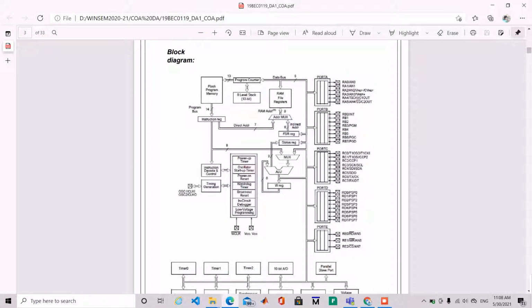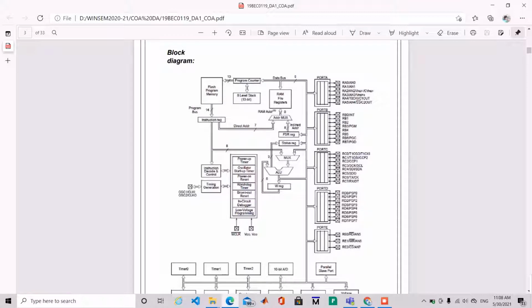And this is the block diagram of the PIC16F877A, and it contains flash program memory, program counter, 8-level stack which is 13-bit, and RAM file registers, adder, mux, instruction register, instruction decode and controller, timing generation, and the power-up timer, oscillator start-up timer, power-on reset, watchdog timer, brown-out reset, in-circuit debugger, low voltage programming.